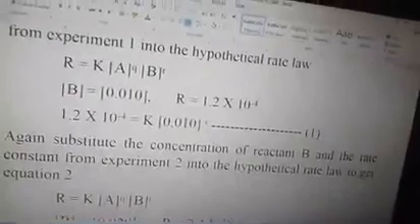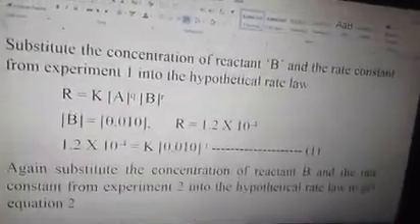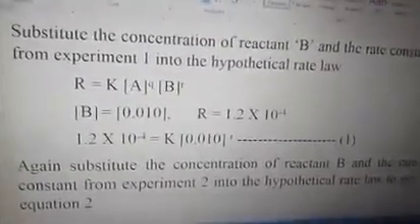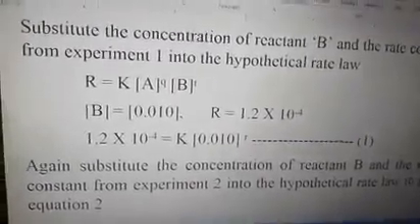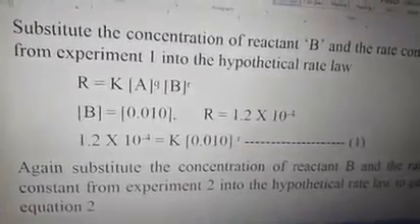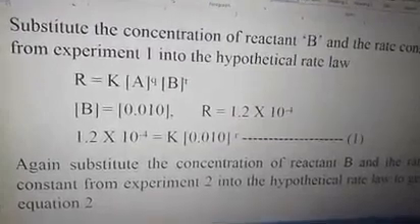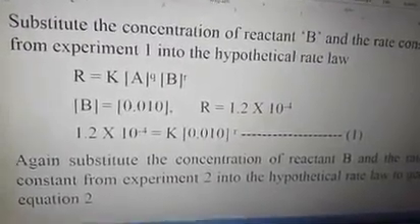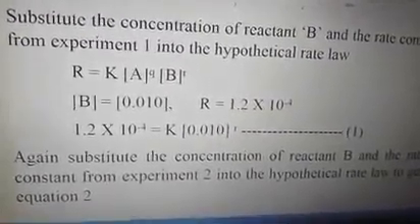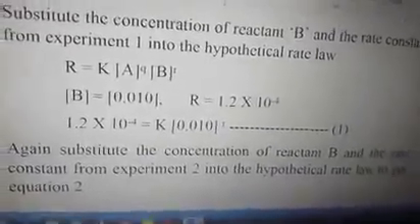So we'll substitute these values into the hypothetical equation. Replace R with 1.2 times 10 to the power minus 4 and replace B with 0.010 raised to power R. A is removed or eliminated. We have equation 1.